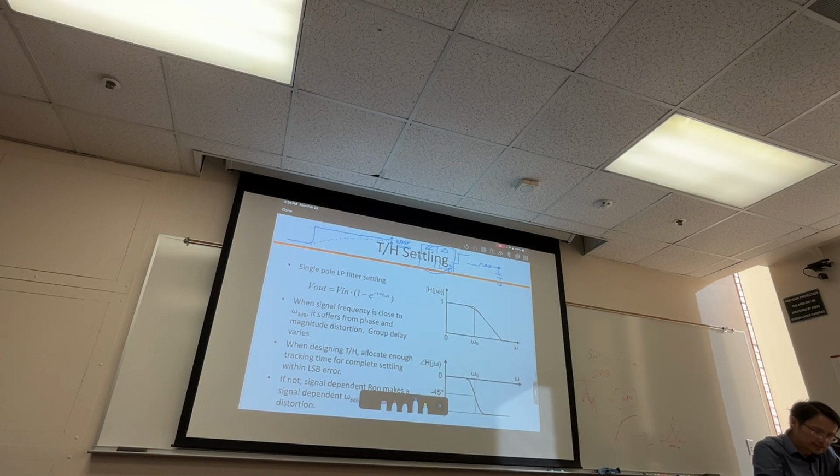All right. So mathematically for a low pass filter, R and C, how do I mathematically express this function? I know some of you already said that's an exponential function. So that's exactly right. So this is V in. So V out will be V in times 1 minus exponential function, minus t times omega 3dB. Omega 3dB is 1 over RC.